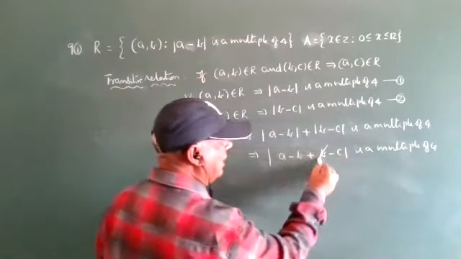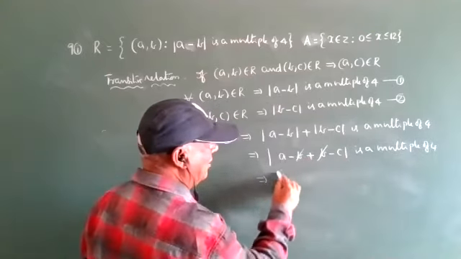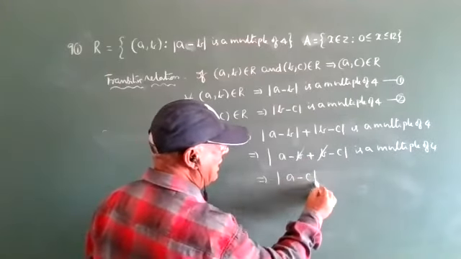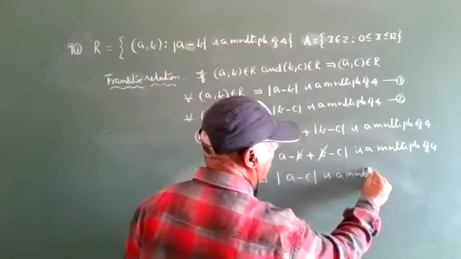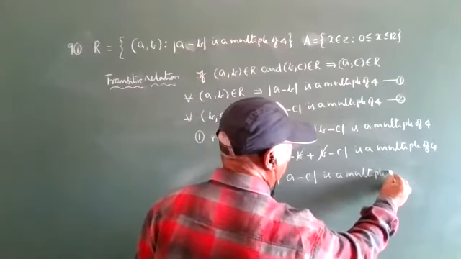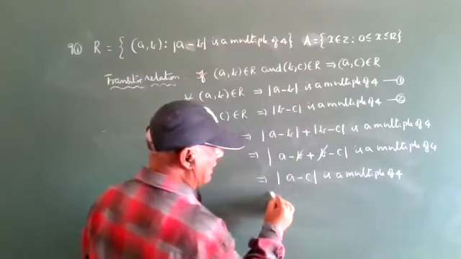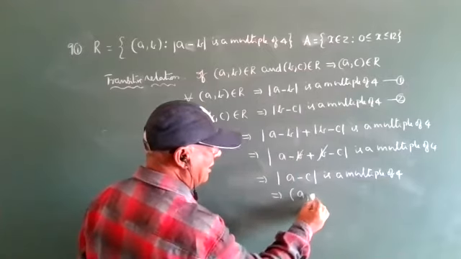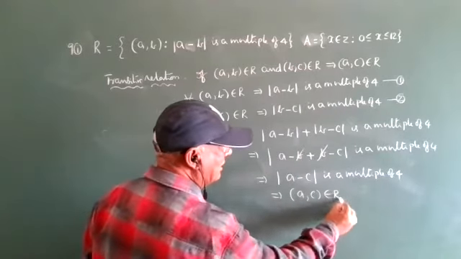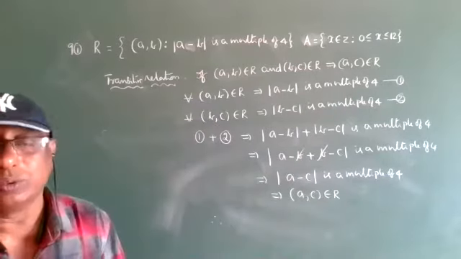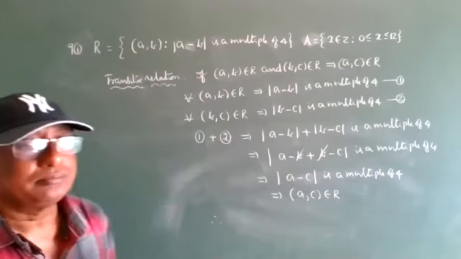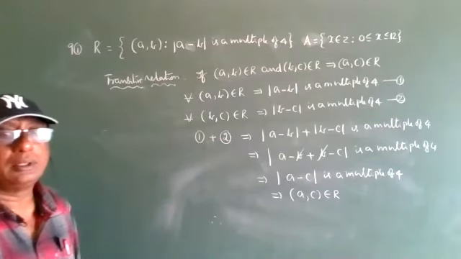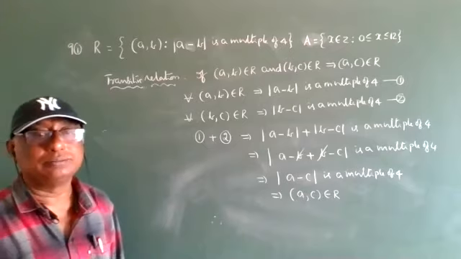B cancels. Modulus of A minus C is a multiple of 4. That implies (A, C) belongs to R. Therefore, transitive.